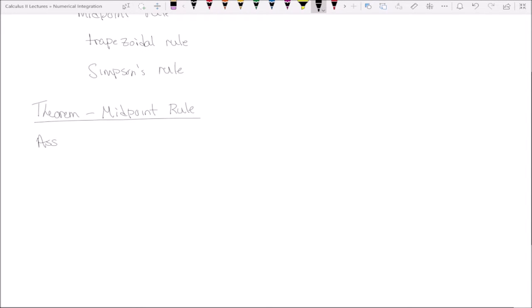What we do is we assume f of x is continuous on the closed interval [a, b].